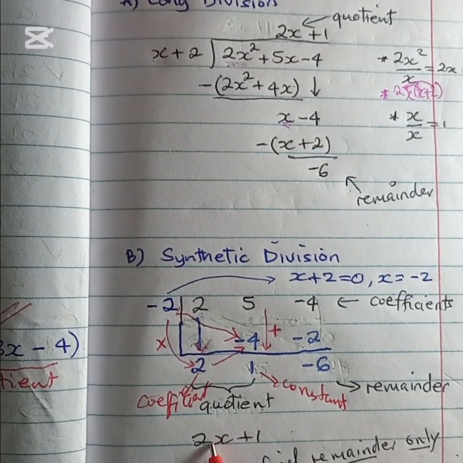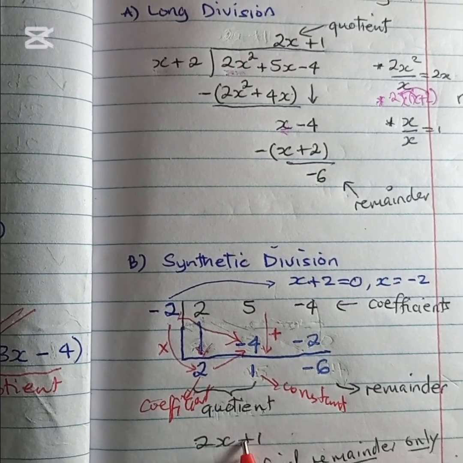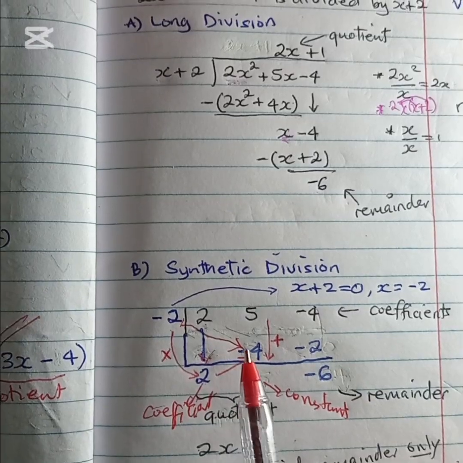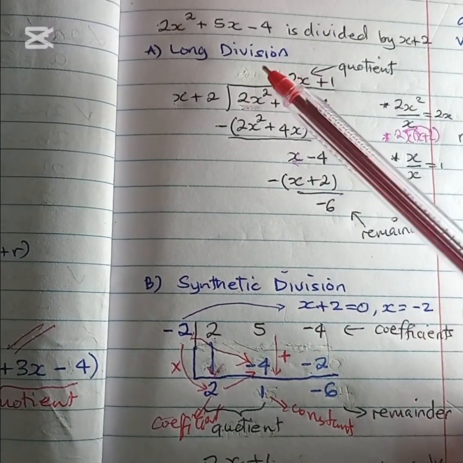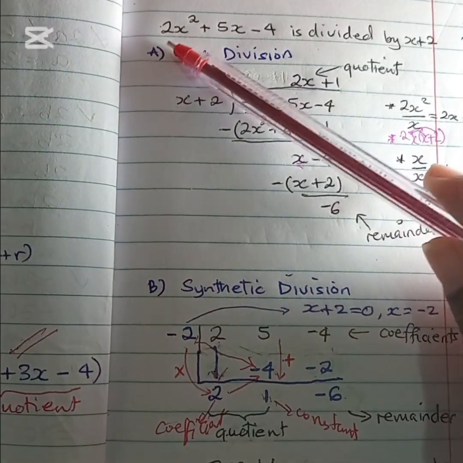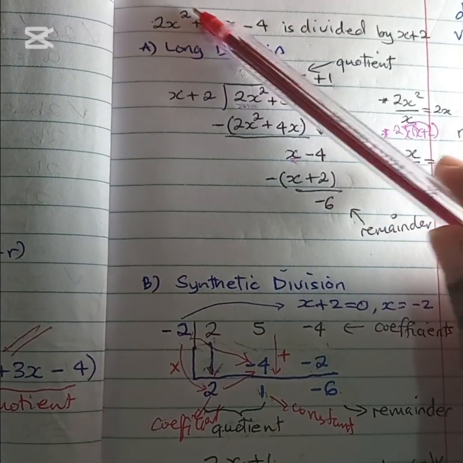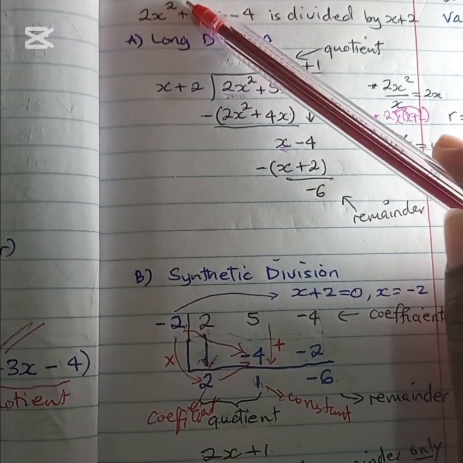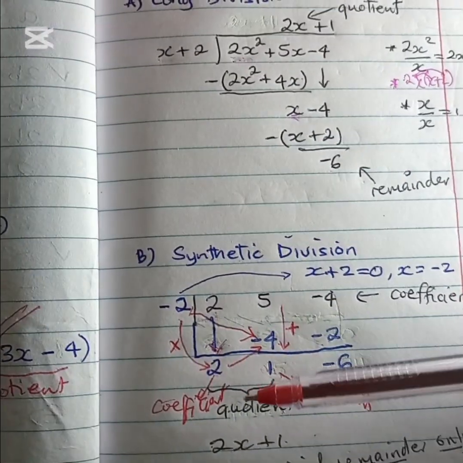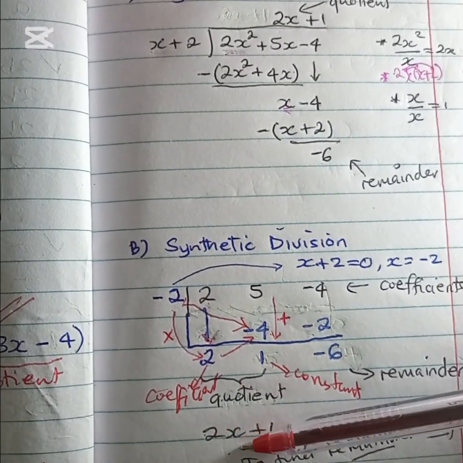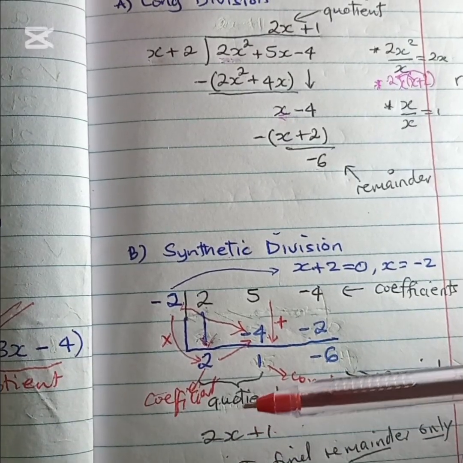So our quotient is 2x plus 1. Now take note, since our dividend here is 2x squared, meaning it's quadratic and the highest power is 2, our quotient must be 2x to the power of 1, meaning it must be linear.